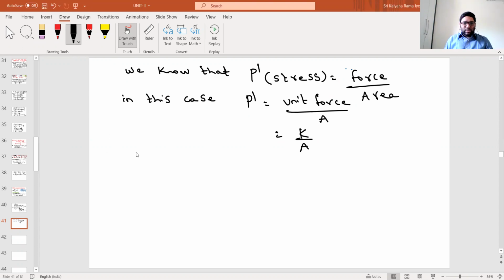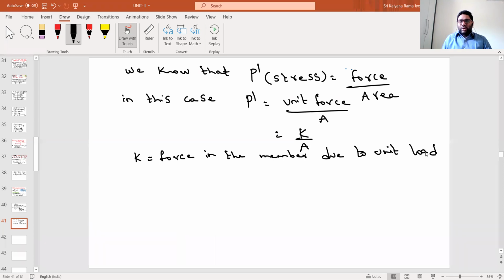K is equal to force in the member due to unit load. So when there is a unit load, the forces in the members are represented by K.